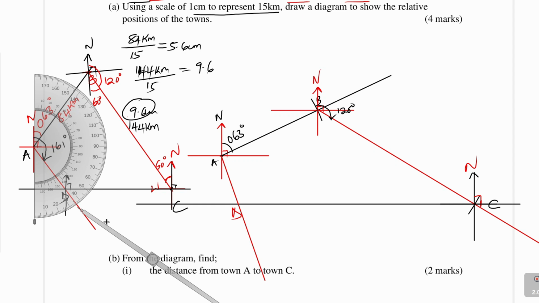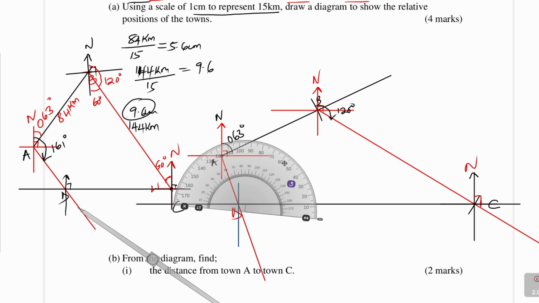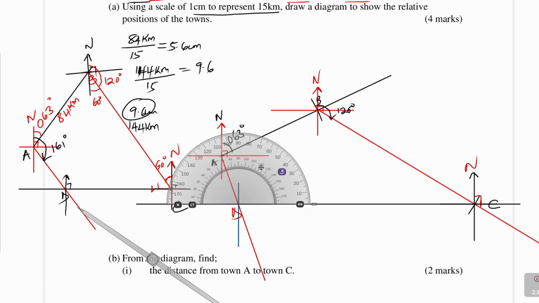Again, you can construct a node there to help you answer the questions. Since you have the horizontal line, just make sure you have a node like that. Now let me just ensure that this one is 90 degrees. Yes, it is okay. That is 90 degrees. So after that, we are done.